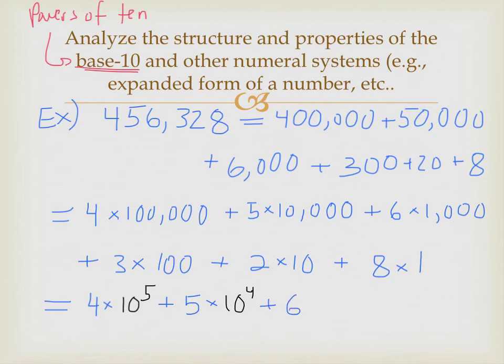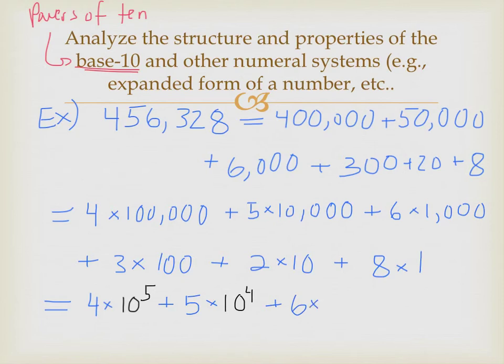Then we have 6 times 10 to the 4th, because that 10,000 is 1 followed by 4 zeros. Keep it going. Then we have 6, in the same vein, count your zeros.